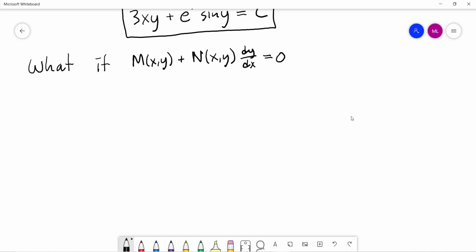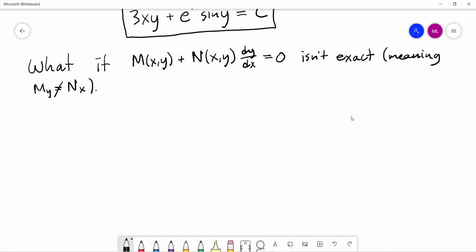So what if we got our equation that looks like this and it isn't exact? Meaning, what would be true? It would mean that we checked if M_y equals N_x, and they turned out to not be equal. So what do we do in this case?